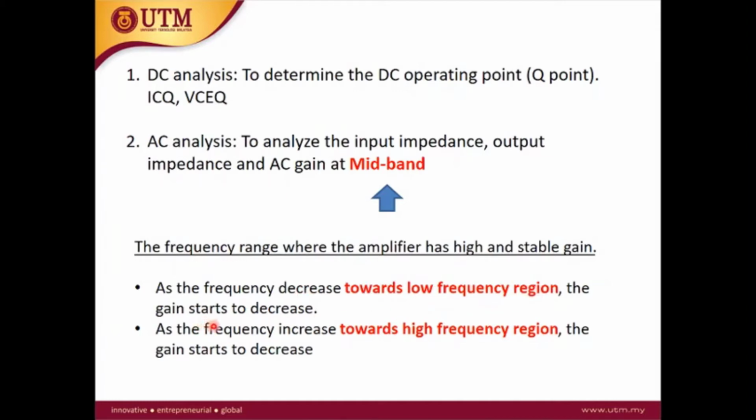The AC gain will start to decrease. So we have here the mid band; when the frequency is lower, the gain decreases. If the frequency increases from the mid band towards the high frequency region, the gain also decreases. So in this week, we will discuss the low frequency region and high frequency region.